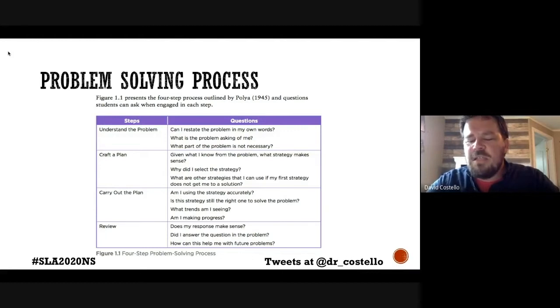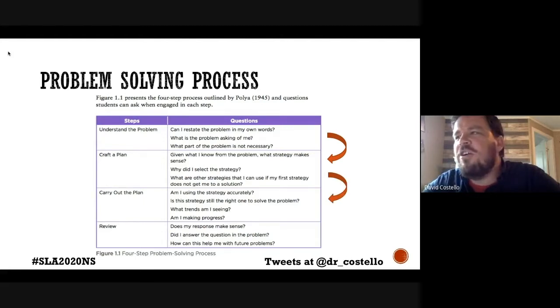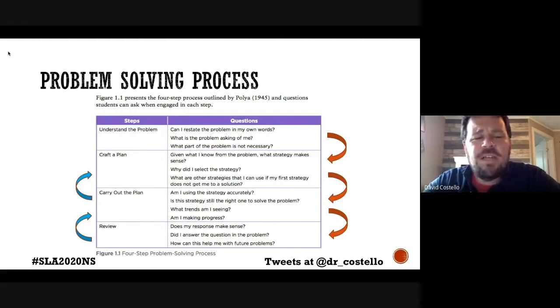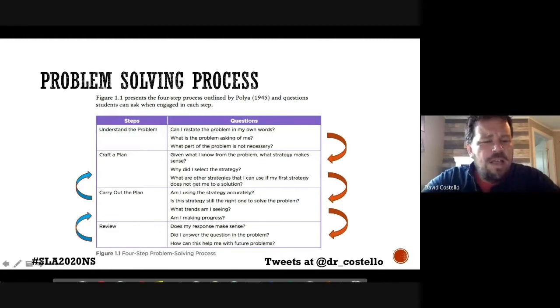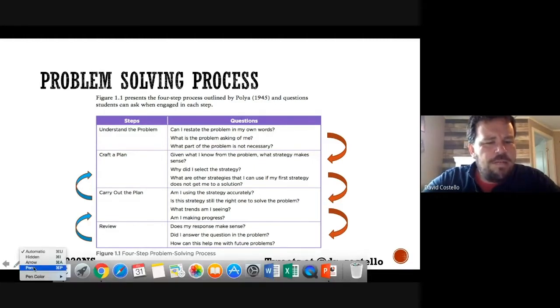The students and I spent quite a bit of time looking through these processes, but we highlight how people tend to think this is a linear process. You go from step 1 to step 2, such as this, but it's really not. I couldn't find enough arrows to do it. But we start to see something like this, and I'm going to do it in an even more pronounced way.